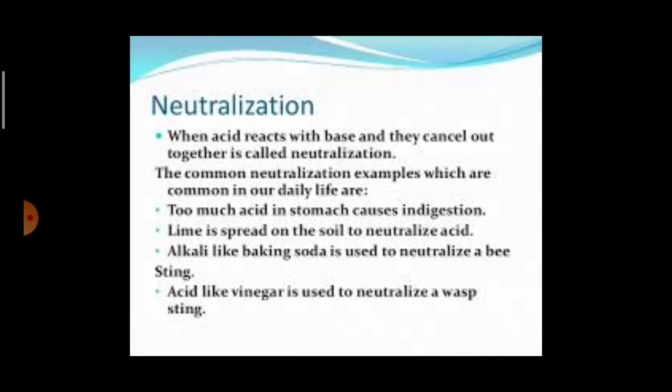And in the factories also, there are excess acids; to neutralize that, we use some bases. So these are the very important neutralization reactions in everyday life.